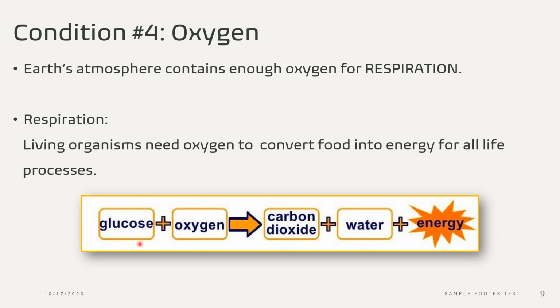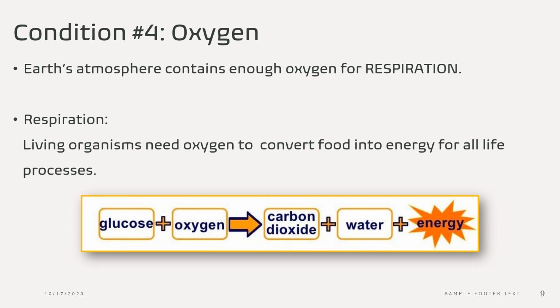So the glucose we get from plants, together with the oxygen that we inhale, forms carbon dioxide and water, but most importantly, it provides us with the energy that we need for all our life processes. So without oxygen in the atmosphere, Earth wouldn't have been able to sustain life.